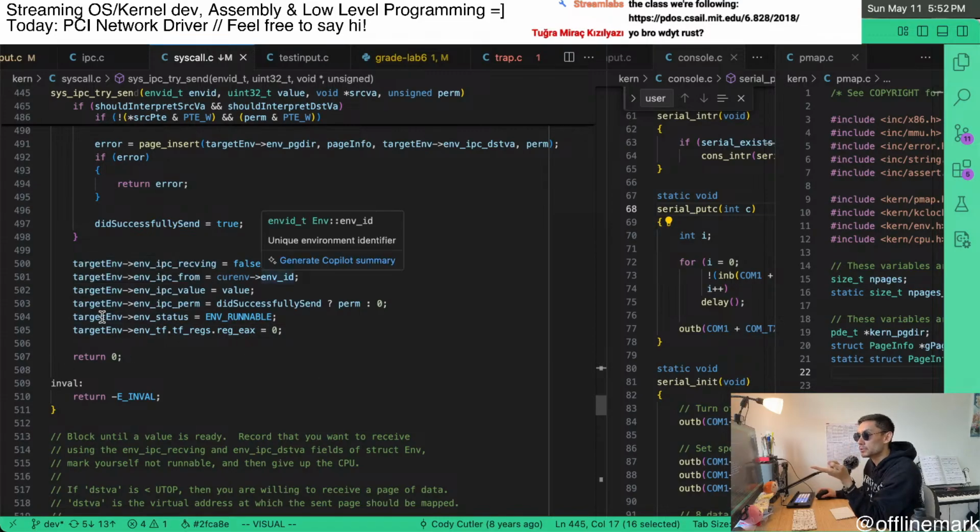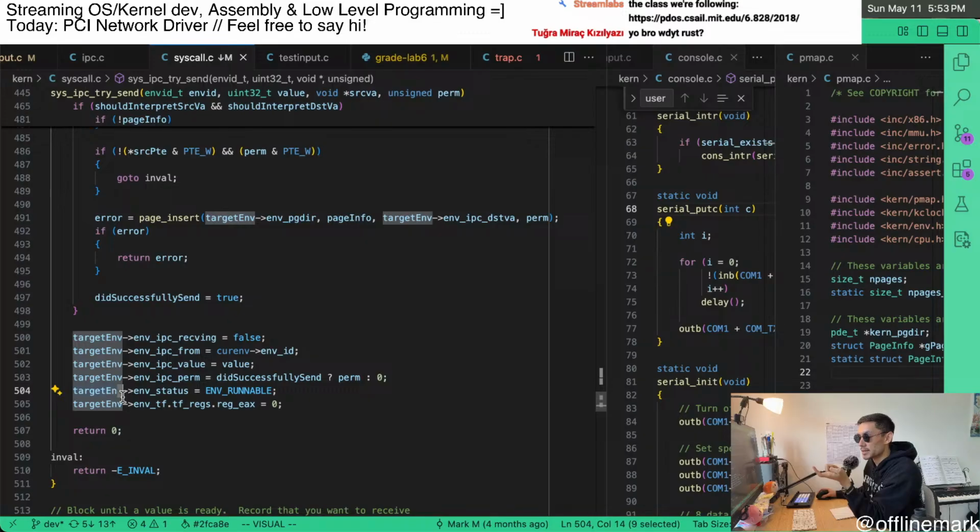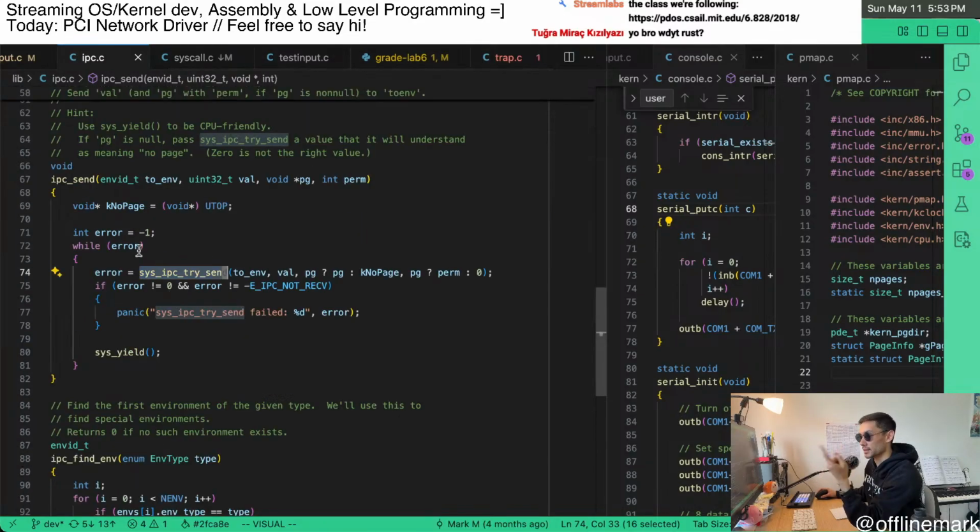What we do is we have a target environment that we're sending an IPC message to, and we actually mark it runnable. So we put it into a runnable state. And then we just return, and we return back into this thing.